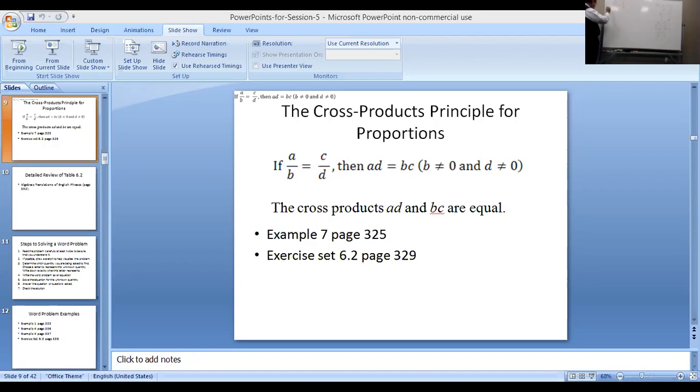The book is going through all the steps, but basically, take these two, multiply them together, 63 times 5, is equal to, take these two, 7x.